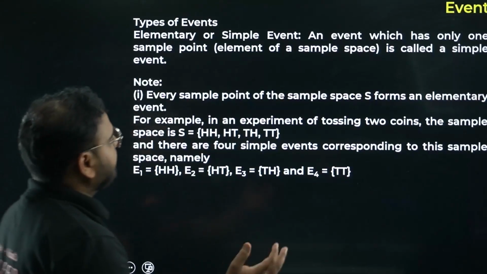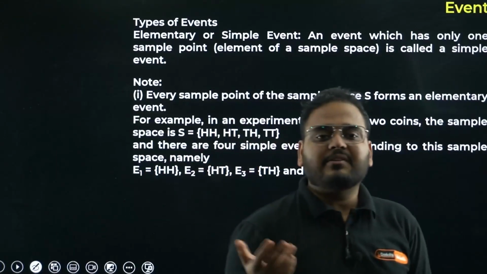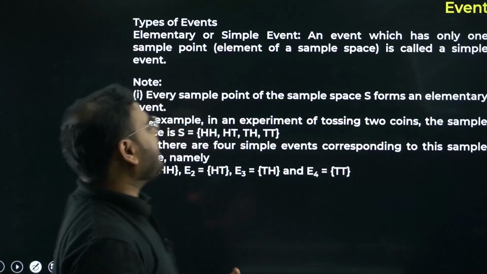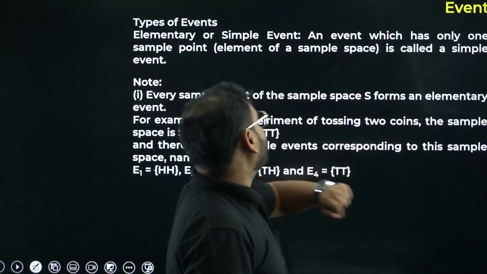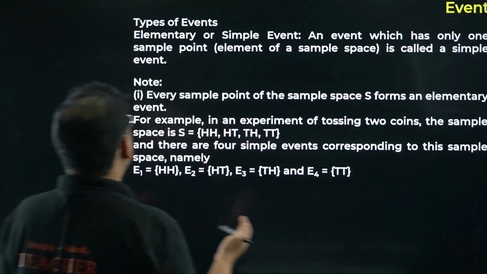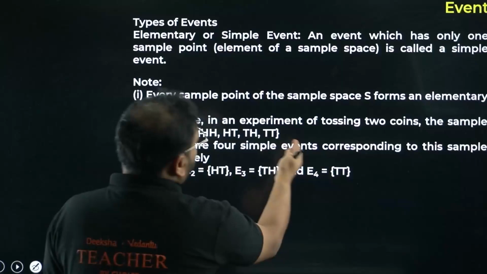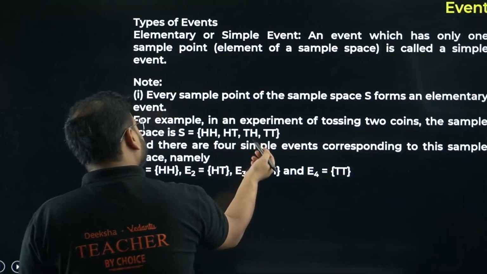So first is event. In the event we have types of events. We have very simple elementary or simple events, an event which has only one sample point. For example, please check here. In an experiment of tossing 2 coins, the sample space is HH, HT, TH, TT.